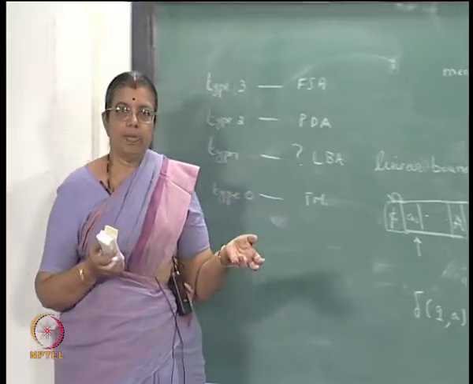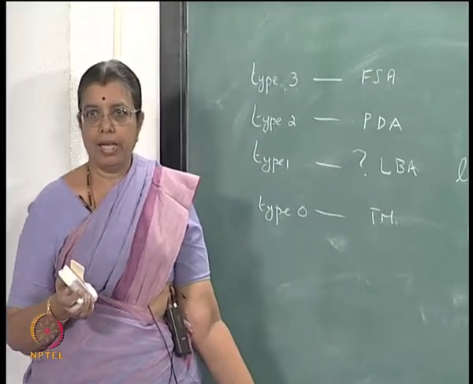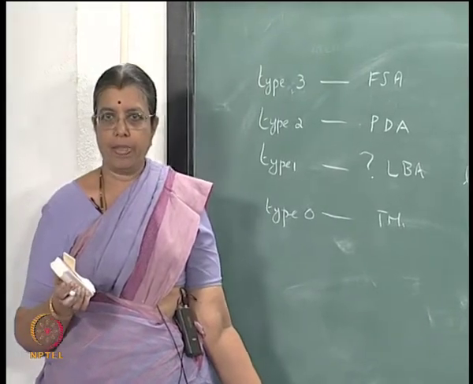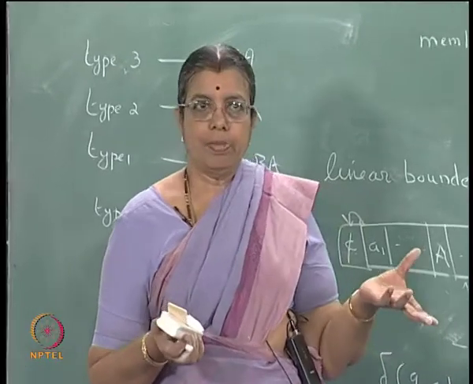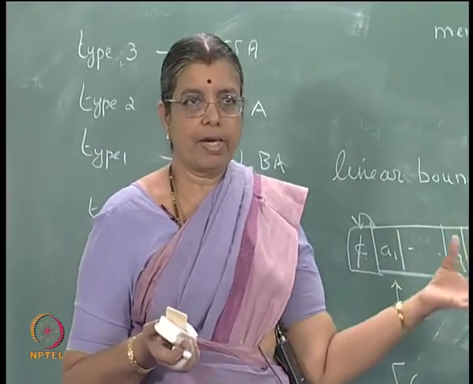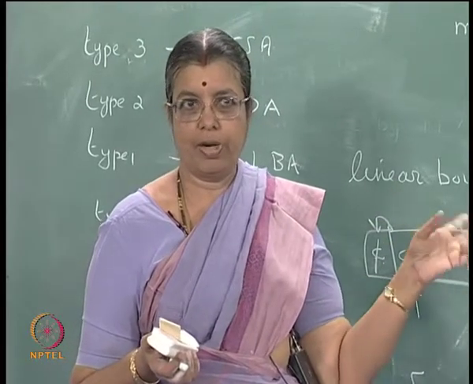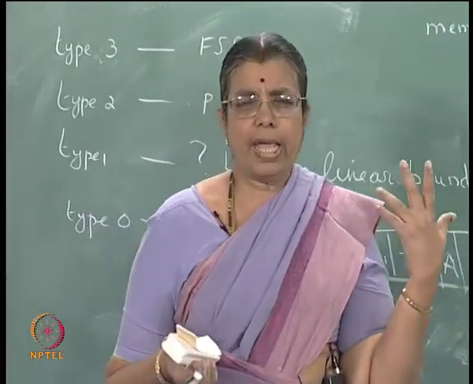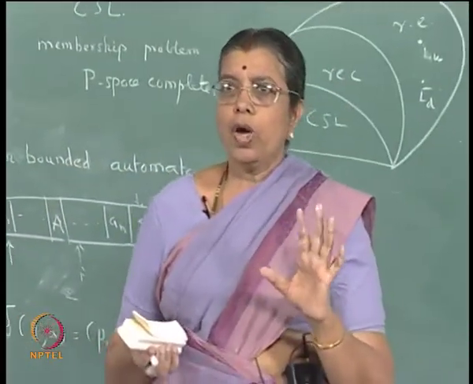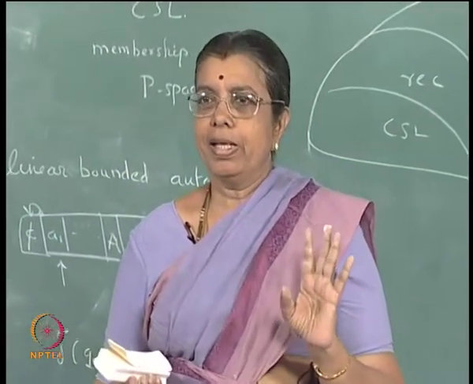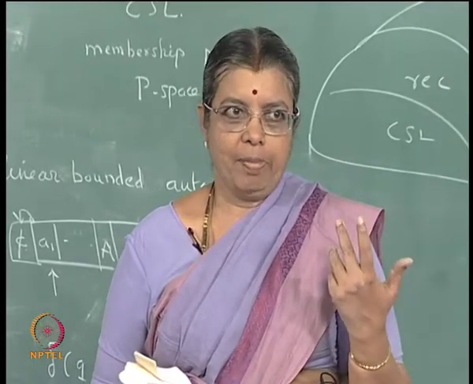Here again it has been shown that type 1 grammars are equivalent to non-deterministic linear bounded automata. You can give a proof saying that given a non-deterministic linear bounded automata, you can have a context sensitive grammar. Given a context sensitive grammar, you can have a non-deterministic linear bounded automata. But if you take any context sensitive language, you are able to construct a deterministic linear bounded automata.